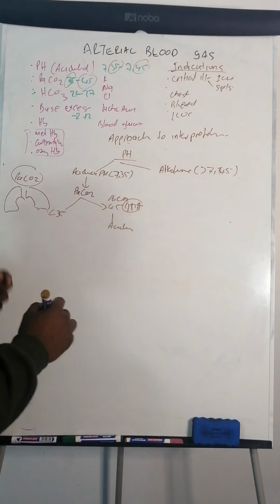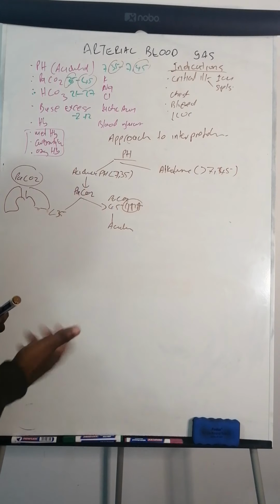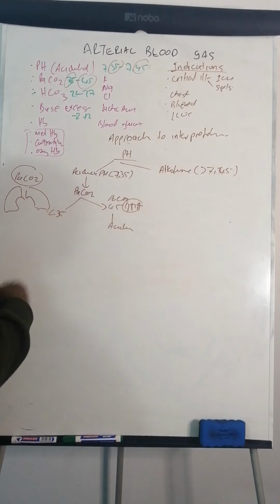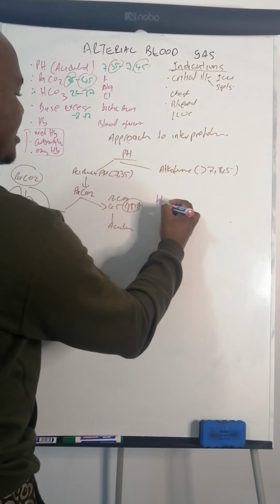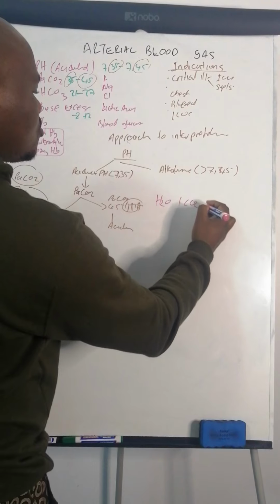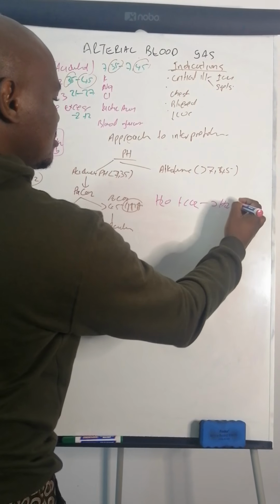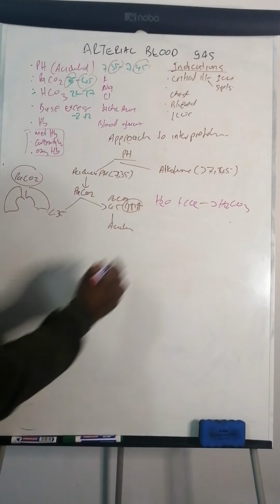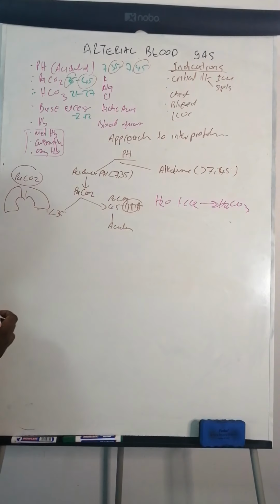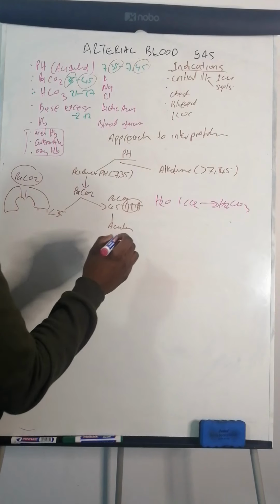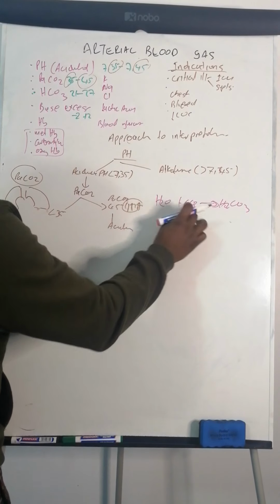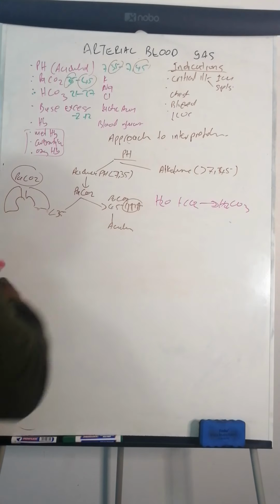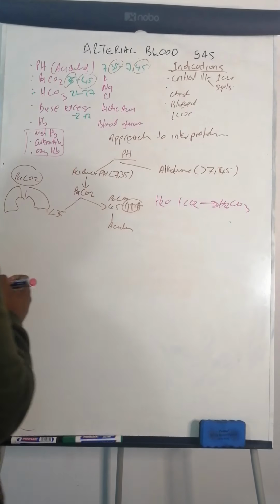Let me show you something. Why am I saying a lot of CO2 causes acidosis? This is the reason. When you've got water that combines with CO2, you get carbonic acid. And then obviously it's going to break down again. But you get carbonic acid. So we know that if you've got two reactants and you increase one of them, you are pushing your reaction in this direction.